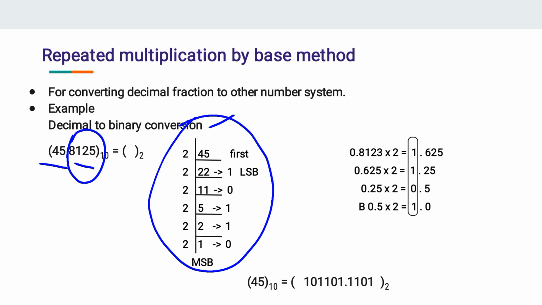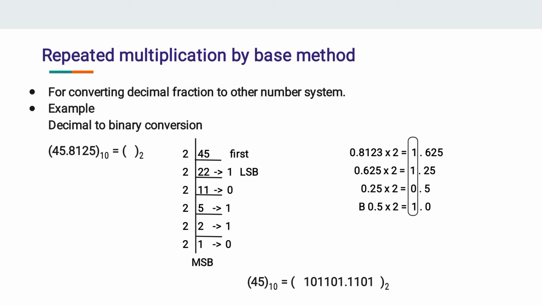Next we multiply that particular fraction part by 2 because we are converting decimal to binary. So we multiply by 2 for the fraction part repeatedly until we get the whole content.